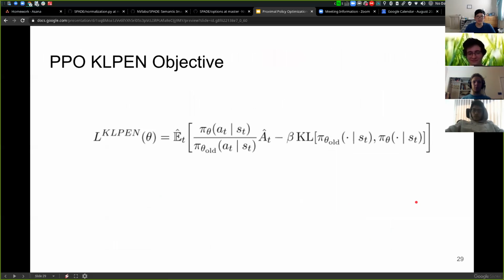Right. So they also propose a different approach, not to clip, but to use KL divergence, which is basically the numerical difference between the old and the new policy. They just subtract that value that represents the difference between the policies. That's just a quick overview of what they're doing. And they found out that this approach doesn't work as well as clipping.